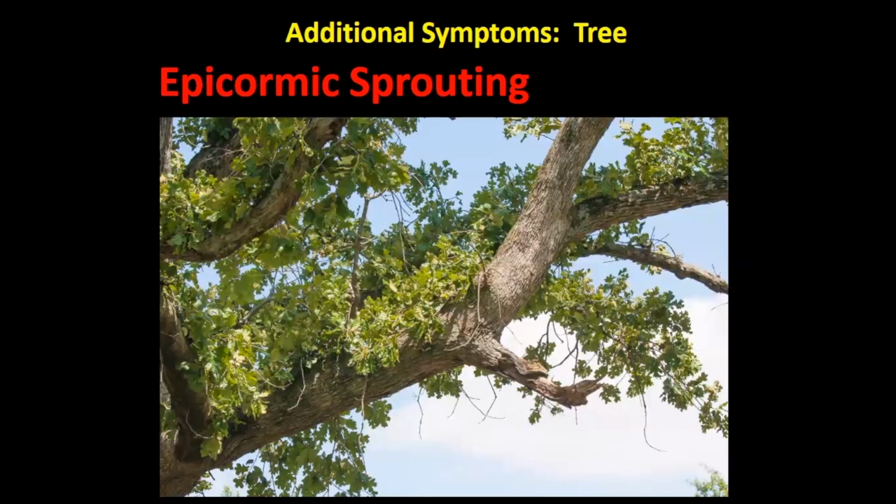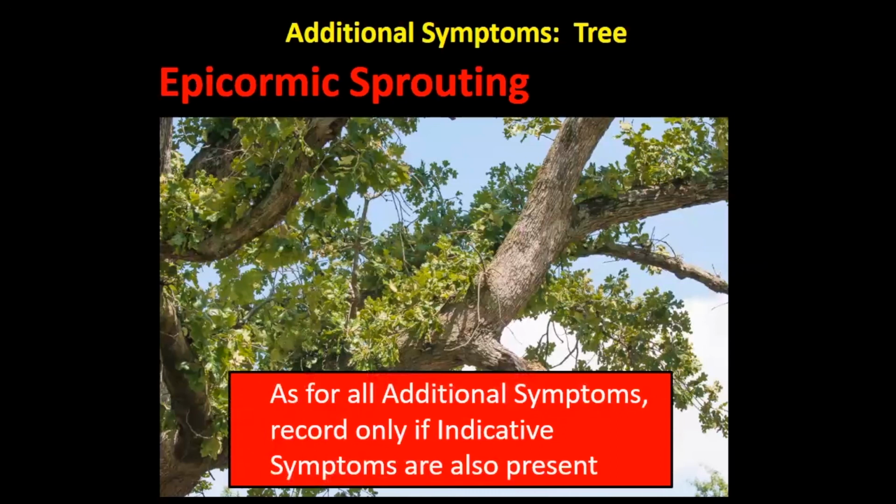This usually occurs when the tree is pretty highly stressed and may be experiencing some real dieback of the branches and so forth. Epicormic branching. Typically you see this in oaks, but it can be seen in other species. We've seen it in ash and hickory in some cases, but oaks seem to be particularly prone to this condition.